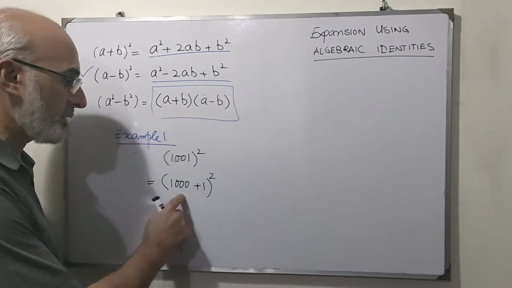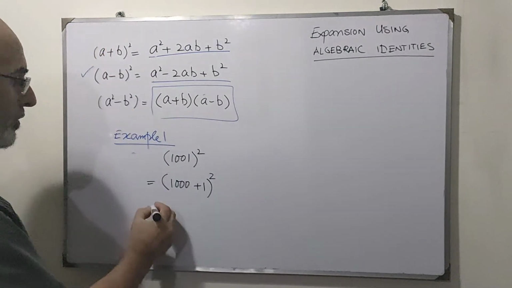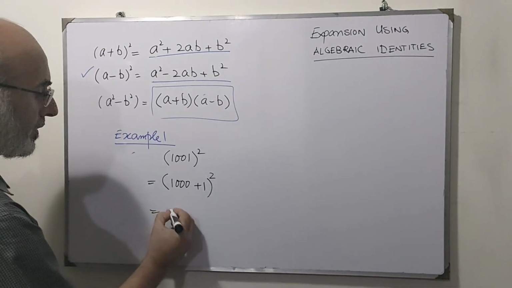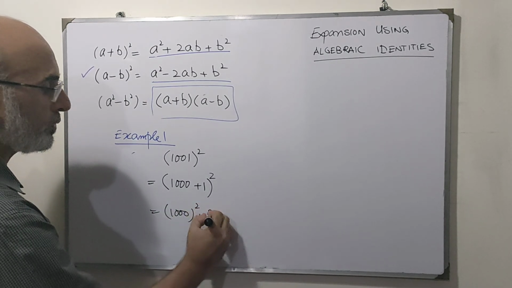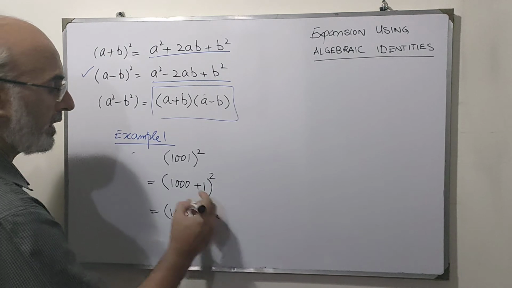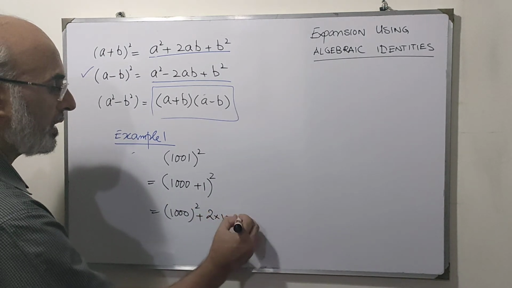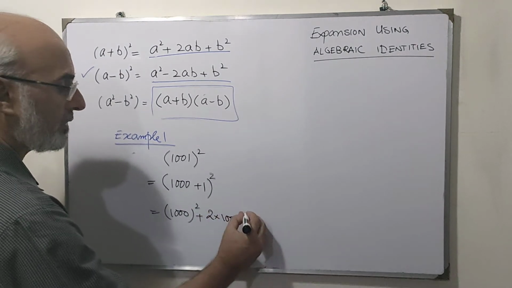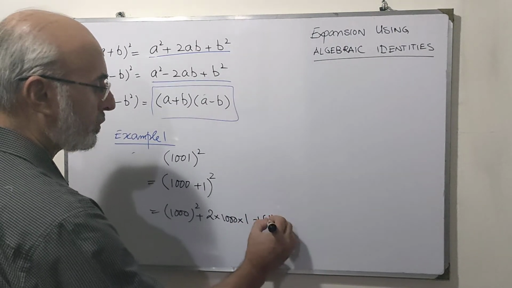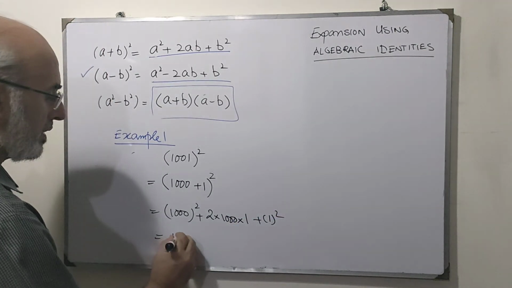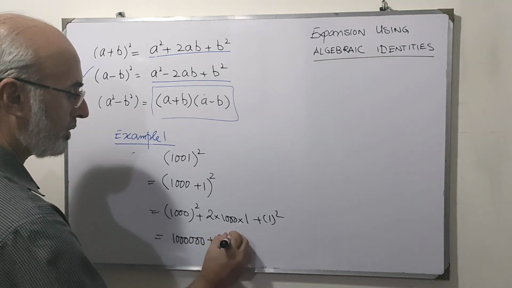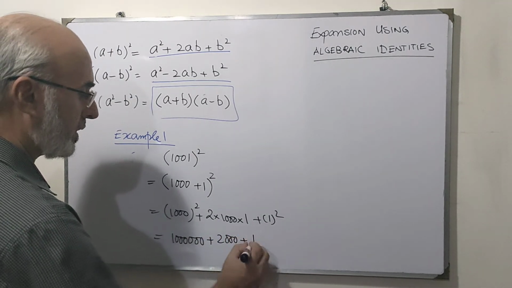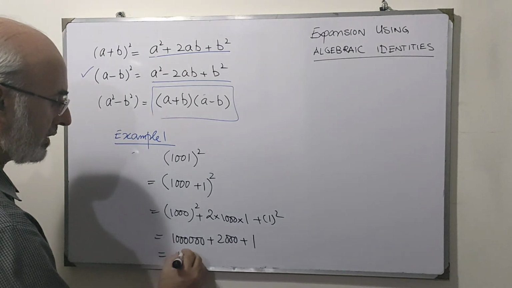Now what we are going to do? a square, it is pretty easy to square 1000, then plus 2 into a, which is 1000, into b, which is 1, and plus 1 square. So the result is plus 2000 plus 1.